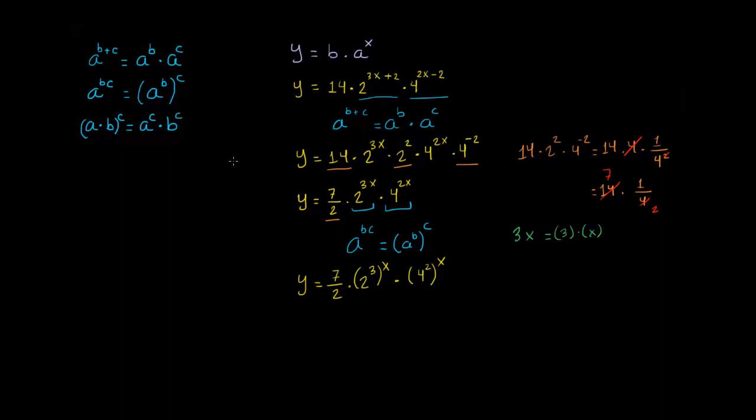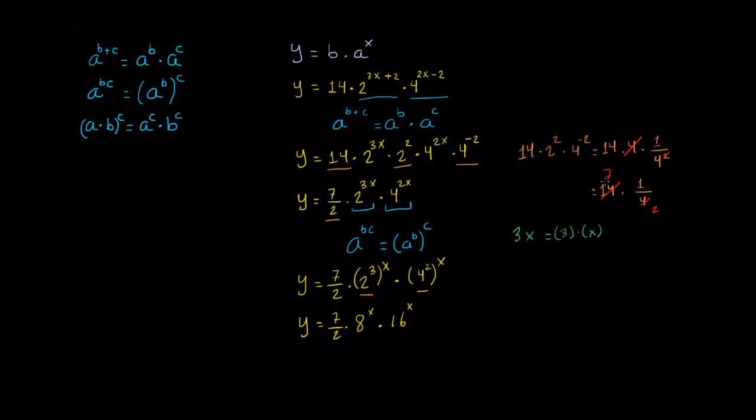Now if I do that, I will be able to apply the third rule, but I'm just going to simplify first. I'm going to simplify this operation here and this one here, and I'm going to get y equal to 7 over 2 times 2 to the third, which will be 8, to the x, times 4 squared, which is 16, to the x.